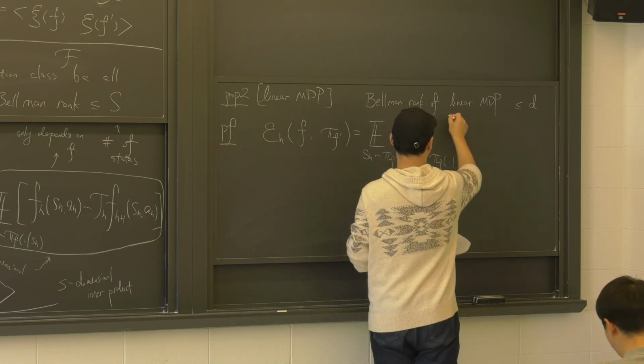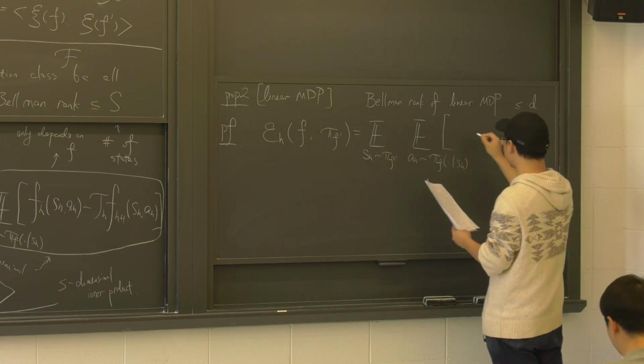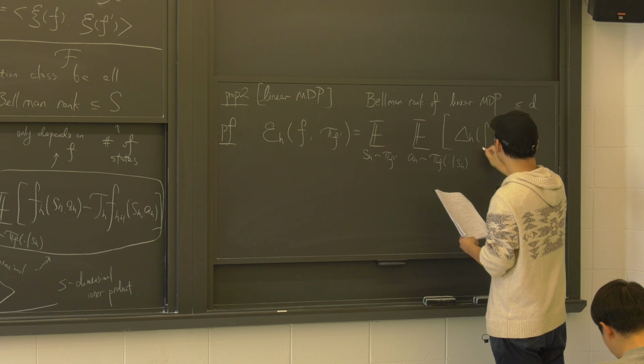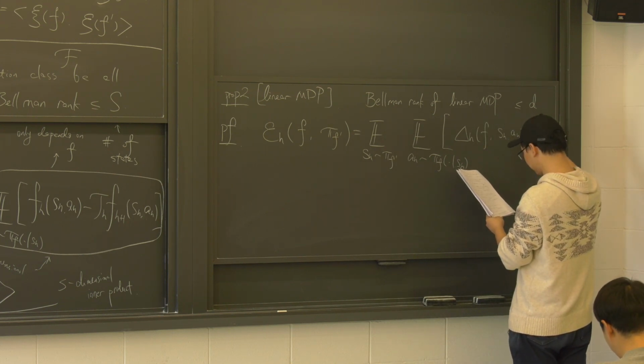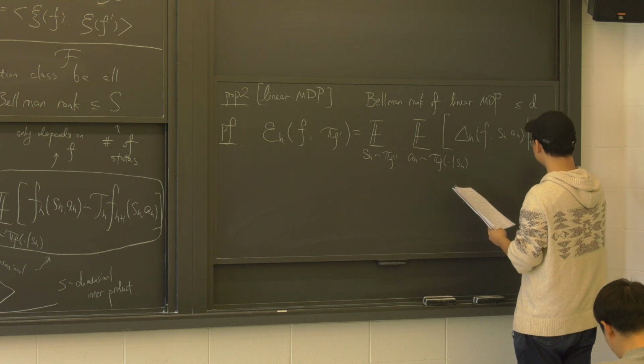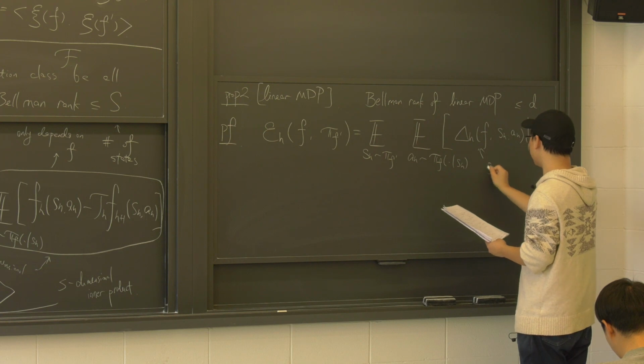And for the Bellman error, for simplicity, we denote it as delta H, F, SH, AH. This is just a Bellman error.